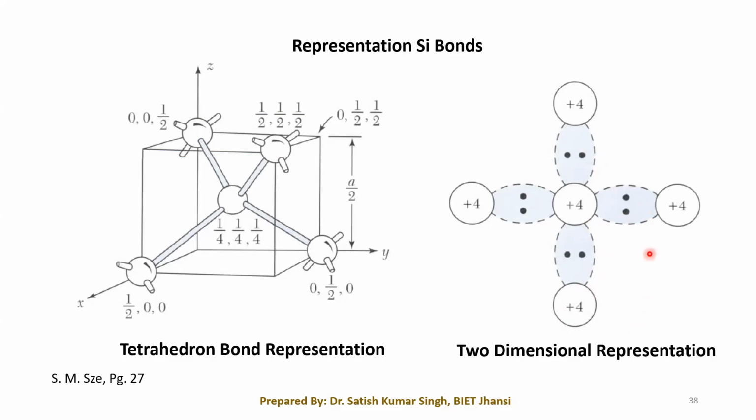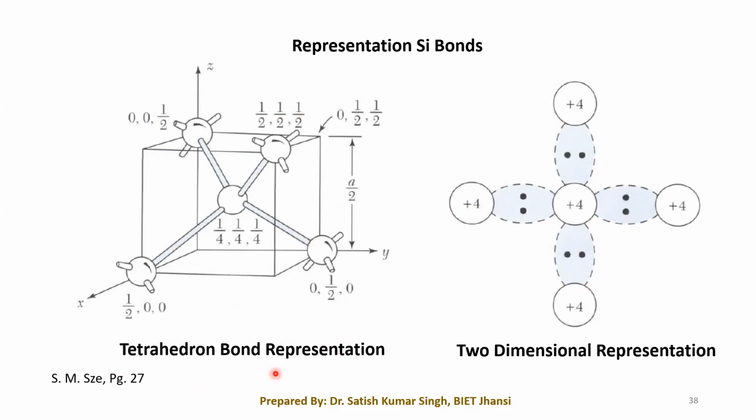Now this is a two-dimensional representation, but actually it is not like this. You can see these atoms are located in this fashion. This is your tetrahedron bond representation.